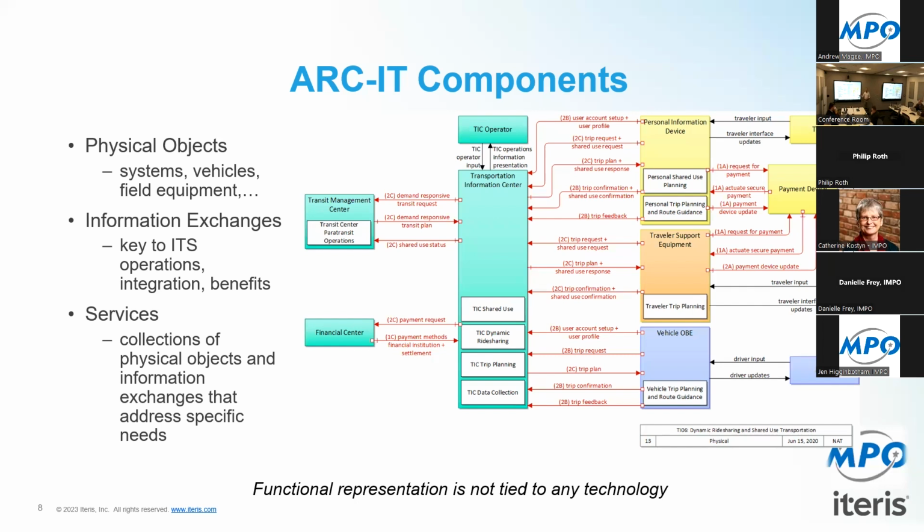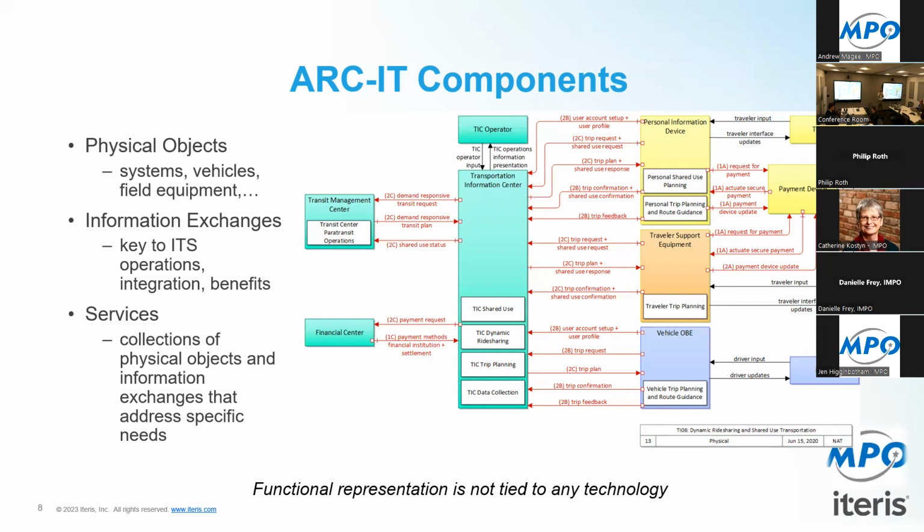This overall picture is for a service that's provided. We have this big picture of architecture, all these different systems and functions. We're not grabbing hold of everything because it's too much to grab hold of. So we have things called services, which are collections of the physical objects and functional objects, as well as the information exchanges that deliver a specific service.